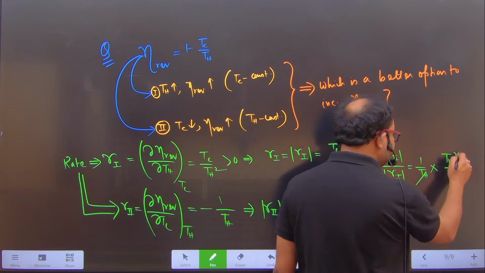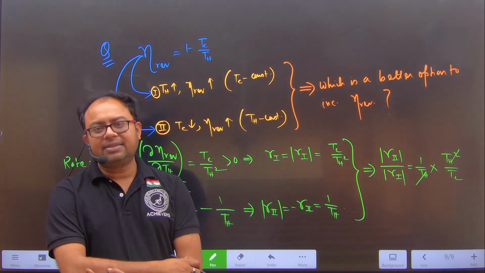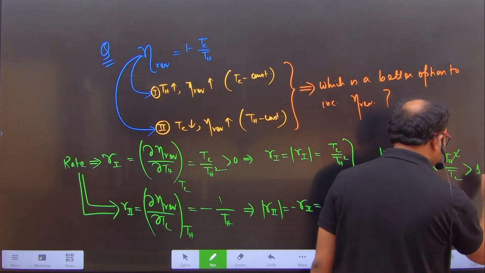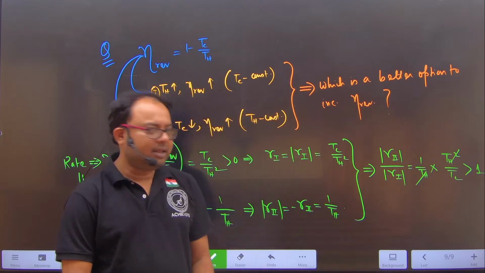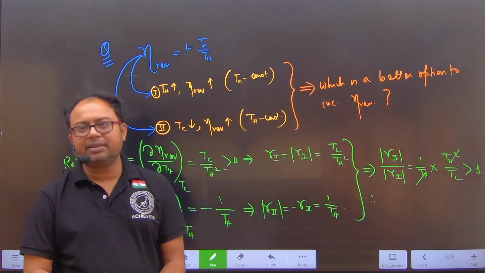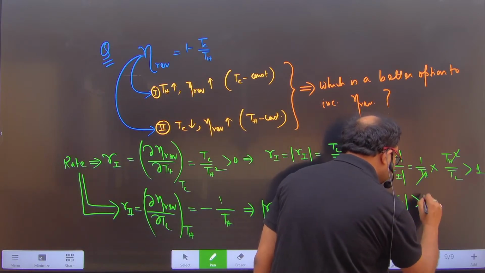This Th will get cancelled out, so it becomes Th by Tc. As Th is greater than Tc, Th by Tc is greater than 1. Therefore, R2 by R1 is greater than 1. Therefore, R2 is greater than R1.